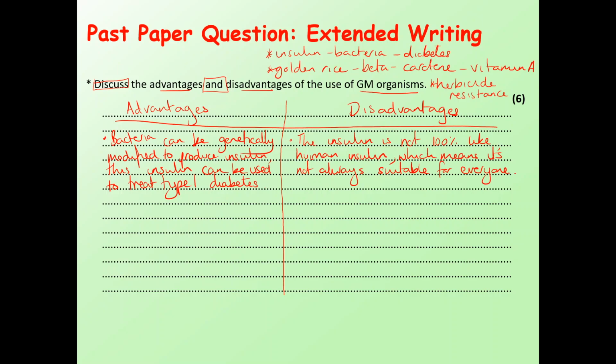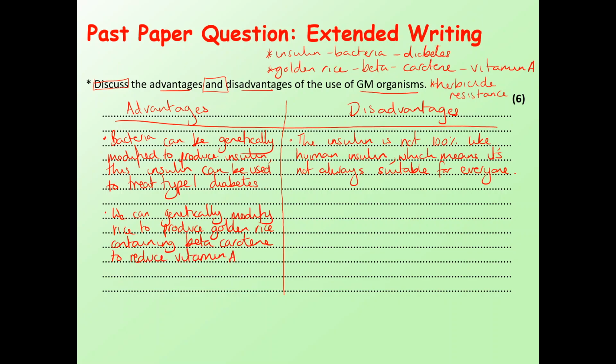Okay, let's talk about another advantage now. Okay, so we talked about the golden rice. So we can genetically modify rice to produce golden rice containing beta-carotene to reduce vitamin A deficiencies.